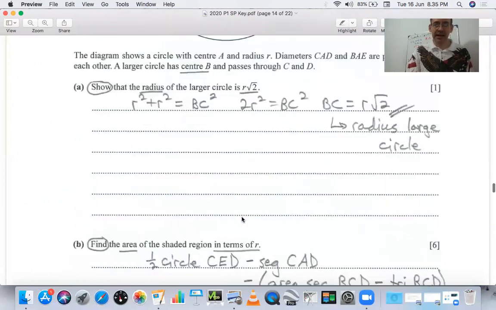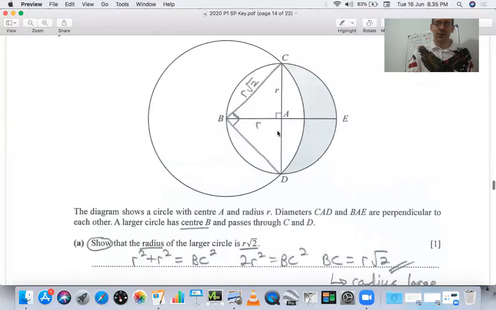And our theta, how do we find the theta? Well, if you recognize this as a 45 right triangle, then this is 45, and this one is also r root 2, so this is 45. Two 45s add up to a 90. Or you can remember that any inscribed angle that opens to a diameter is a 90-degree angle.